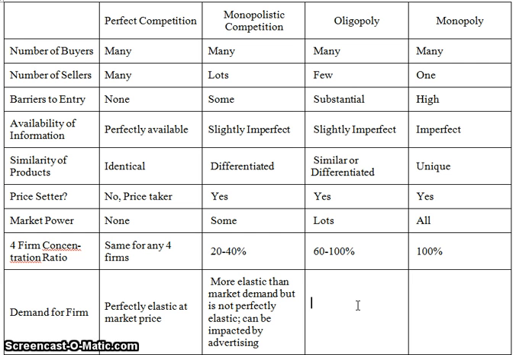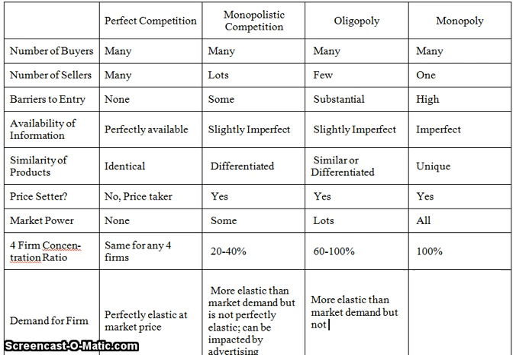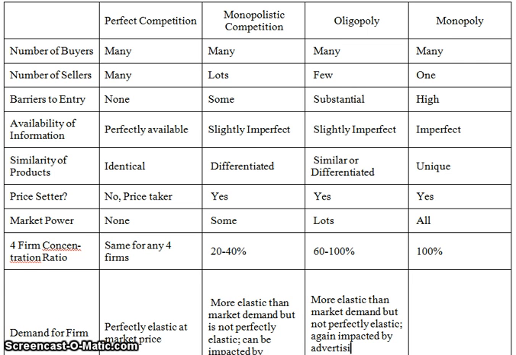And oligopolies is a pretty big black box, but we do know that, again, they are more elastic than the market demand, but they are not perfectly elastic. And again, it can be impacted by advertising.